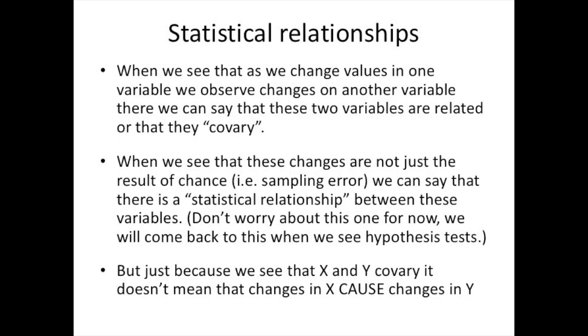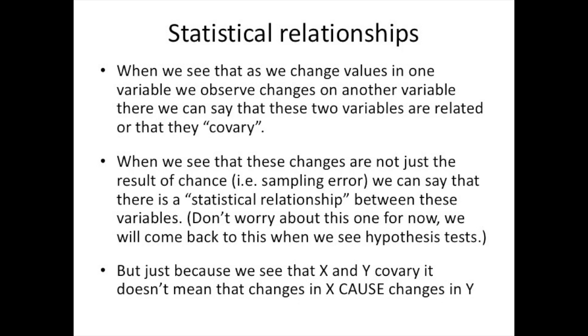That is what we mean by an association. When we see that as we change values in one variable, we observe changes on another variable, we can say that the two variables are related, or that they co-vary. Some people say they are correlated. Now, when we see that this correlation or this covariation is not there just by chance, then we can say that this relationship is not only there in the sample, there is a statistical relationship.